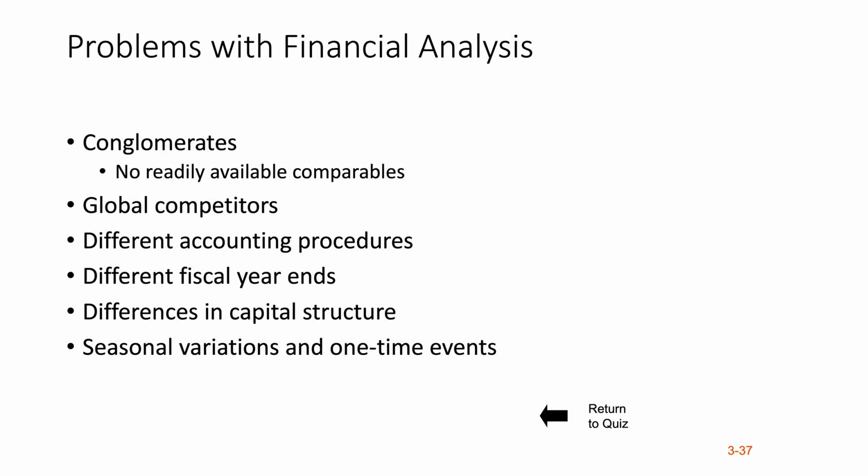Some companies have fiscal years ending on the calendar year, December 31st; some end on April 30th. Some use high leverage, some use low leverage. There is seasonal variation, and particularly there may be one-time events, like a sudden sale. Those are what we call non-recurring items.